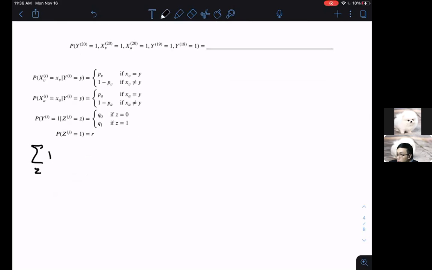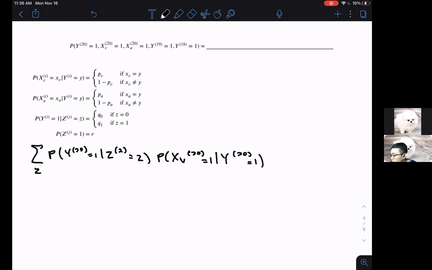So this would become the probability of y20 equal to 1, given z2 equal to z. The probability of xv20 equal to 1, given y20 equal to 1. The probability of y19 equal to 1, given z2 equal to z.